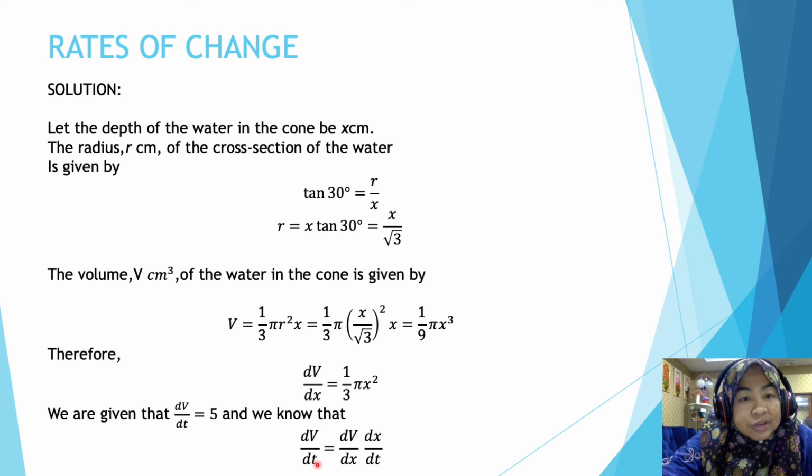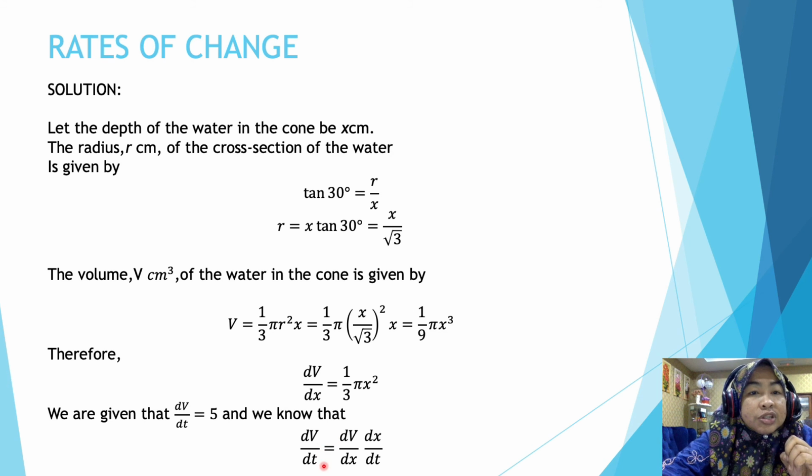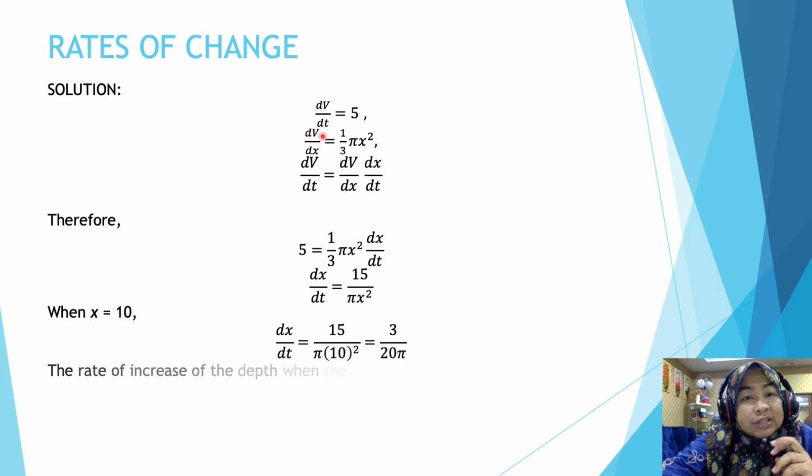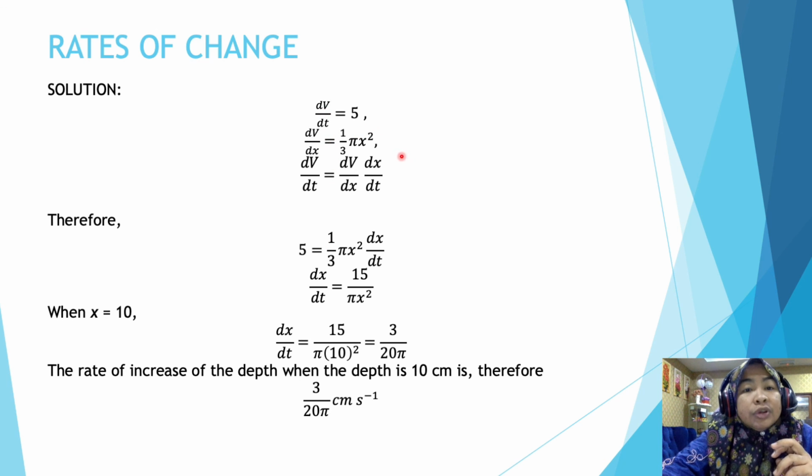Then we also have the information of dV/dt from the question. dV/dt is the rate of volume, and from the question, dV/dt is 5. This is dV/dx in terms of x, and this is the chain rule.